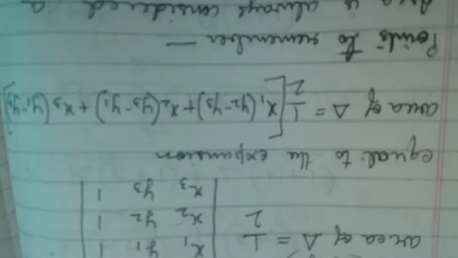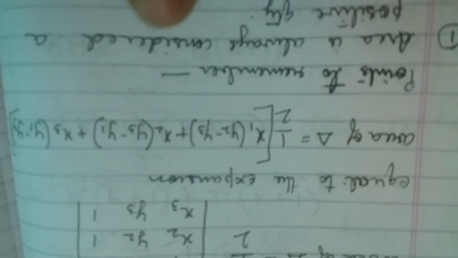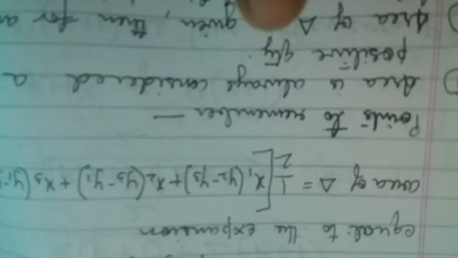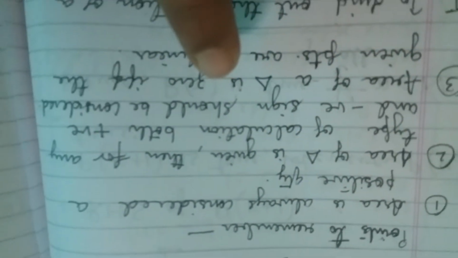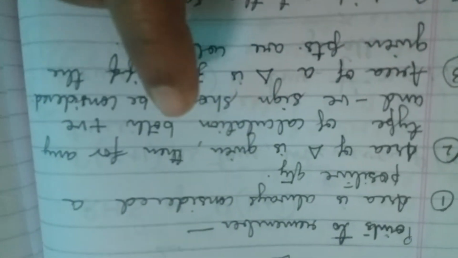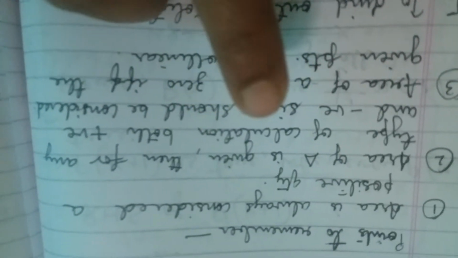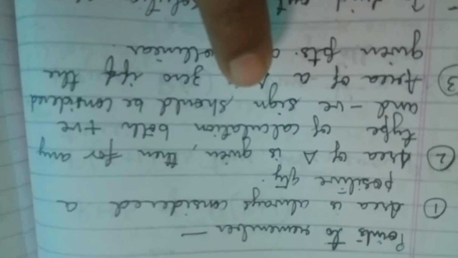But a few points to remember related to area. The first point is that the area is always considered as a positive quantity. The second point: suppose you are given the area of a triangle in a question and you are asked to find the missing coordinate. In that case, always consider the area with both positive and negative sign.